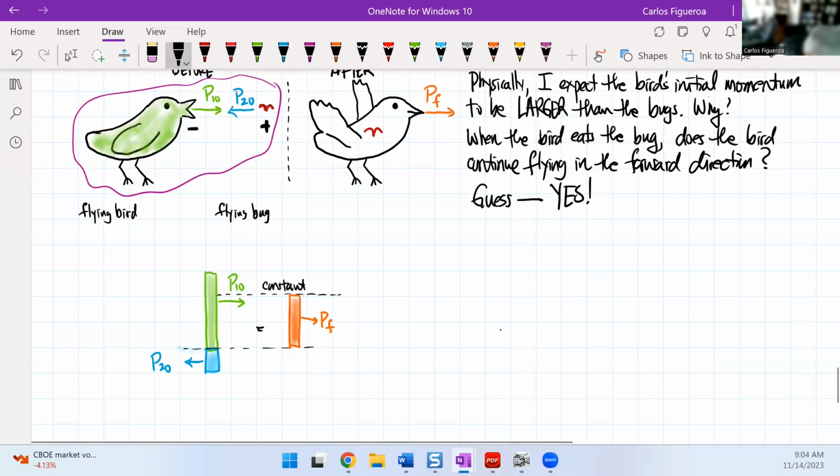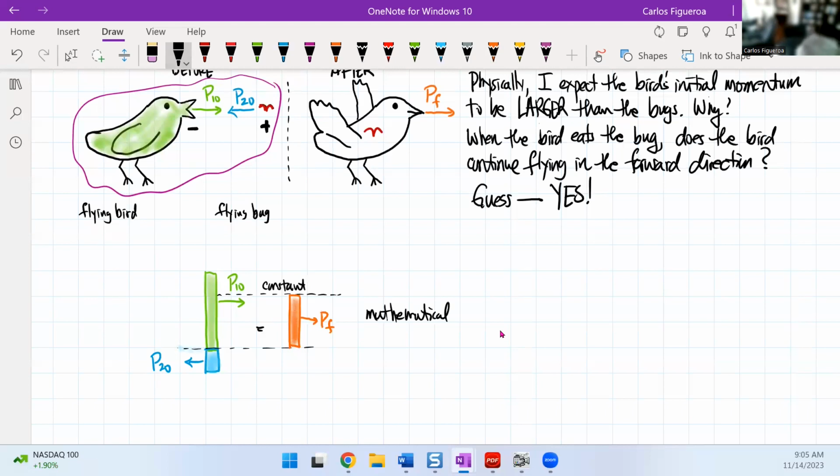So then our mathematical equation follows this picture. It says that P1 initial minus P2 initial has to equal P final. And this P final now, as you can see here, I still have my bird here.